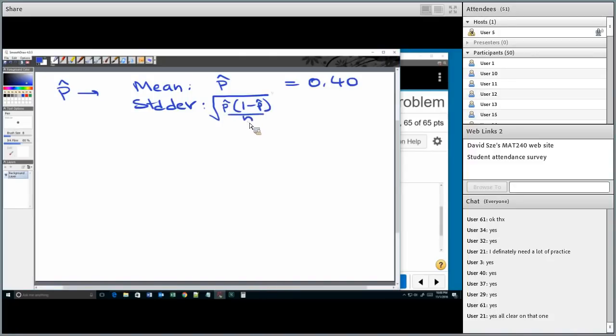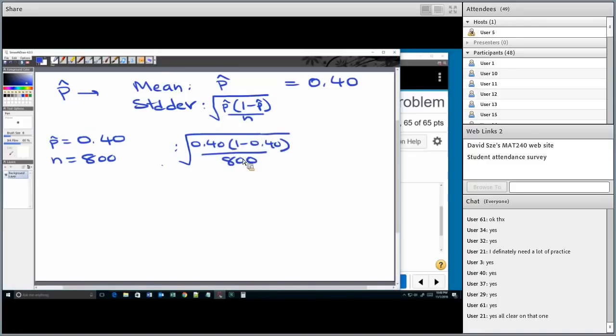Okay, so for example, in this problem, my p hat is 0.40 or 40%. My n was 800, right? So I can just plug it in and get my new standard deviation, which is going to be equal to 0.40 times 1 minus 0.40 and then divided by 800.